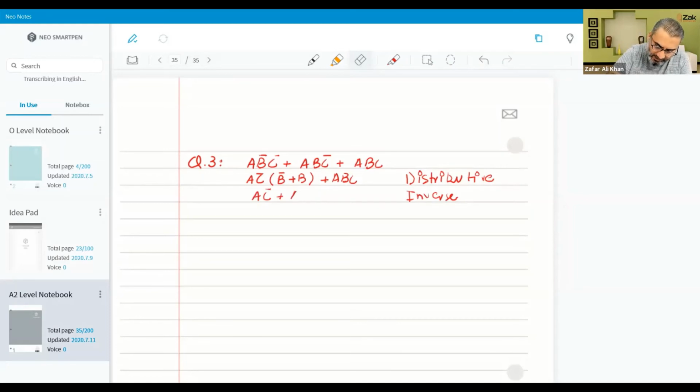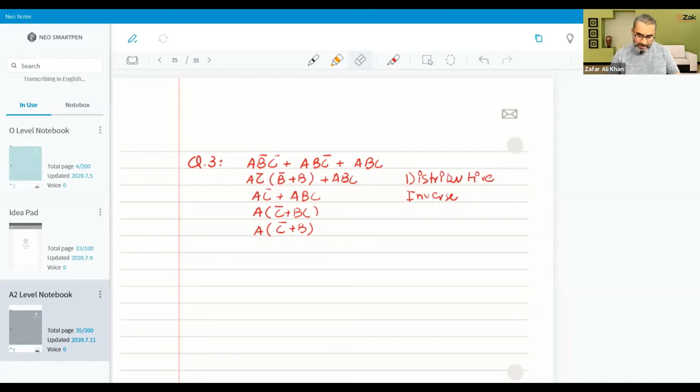So this is now AC naught plus ABC, and then we take this A out, so this would become A common, and then C naught plus B and C. All right, so C naught plus B and C will become C naught plus B. A into C naught plus B. Is it the same answer? A into C naught plus B. Yes, this is the same.